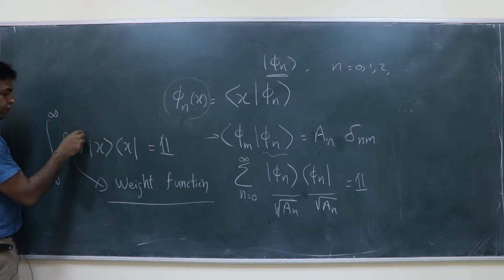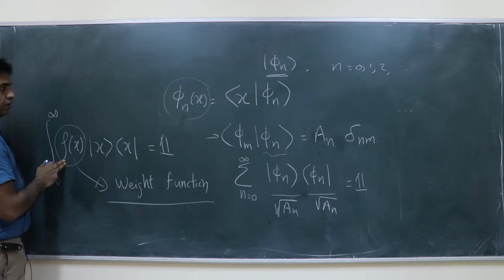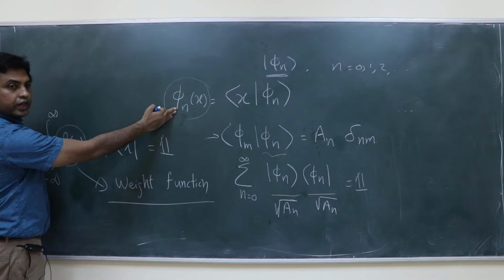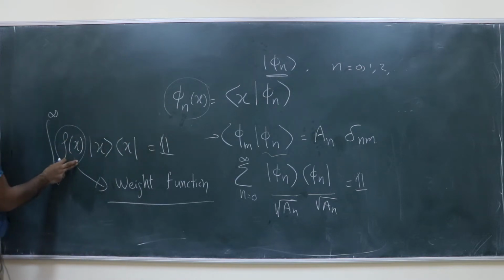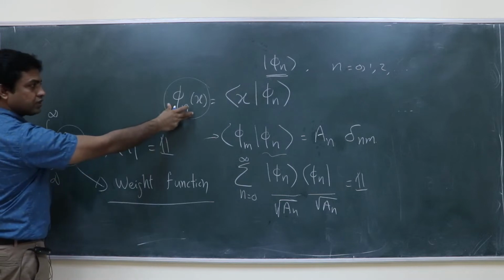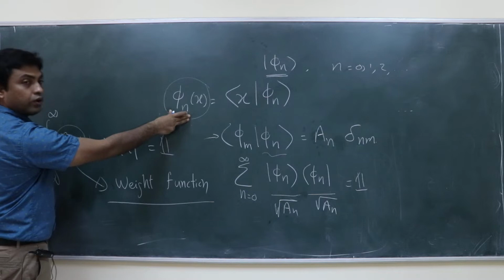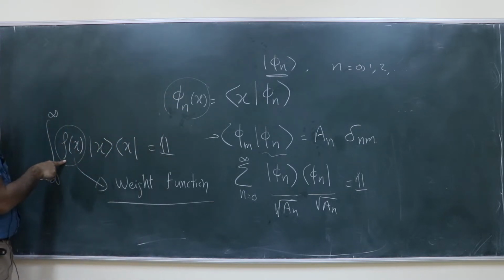This weight function rho of x will take care of the square integrability of these functions phi n of x. Basically phi n of x itself won't be square integrable, but phi n of x into rho of x will be square integrable. We discussed this in one of our earlier classes. So that is what we want to do.